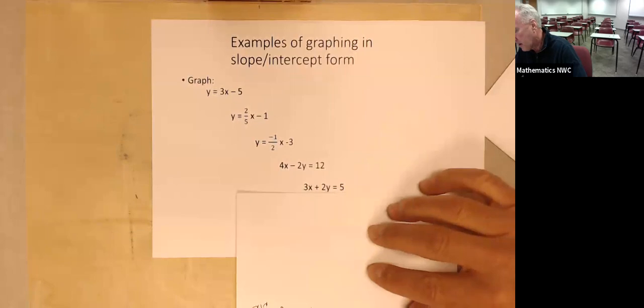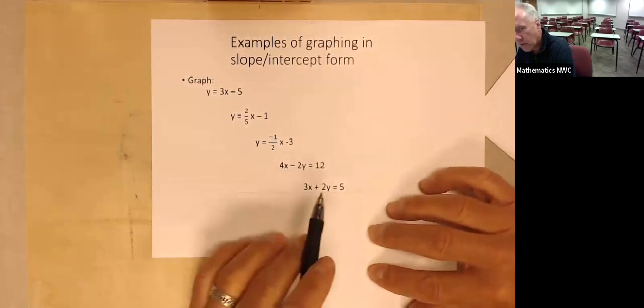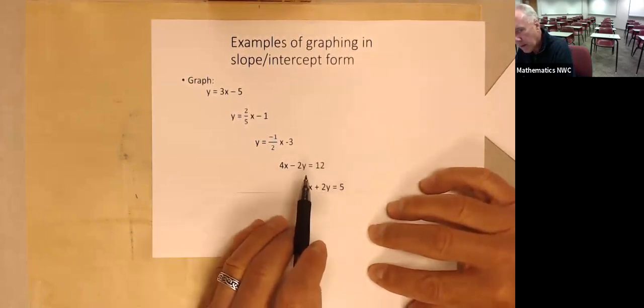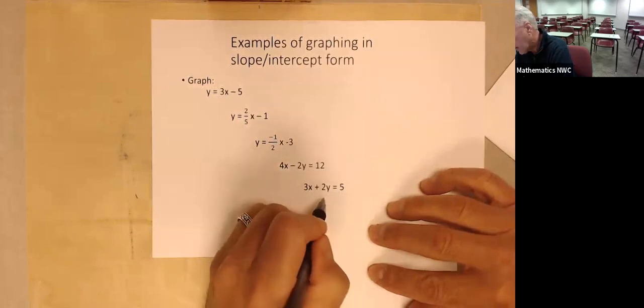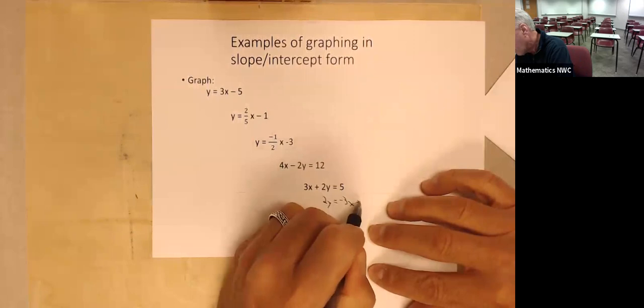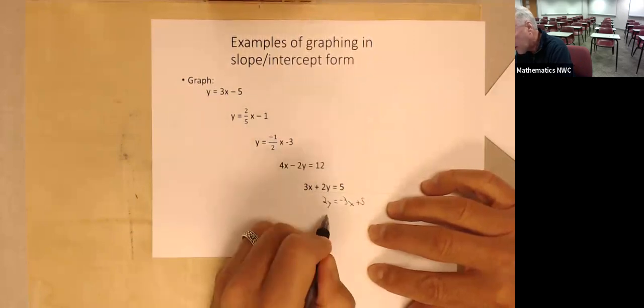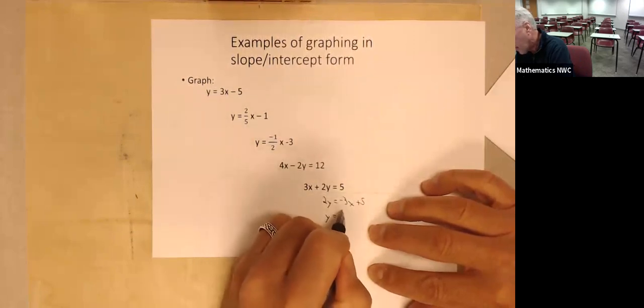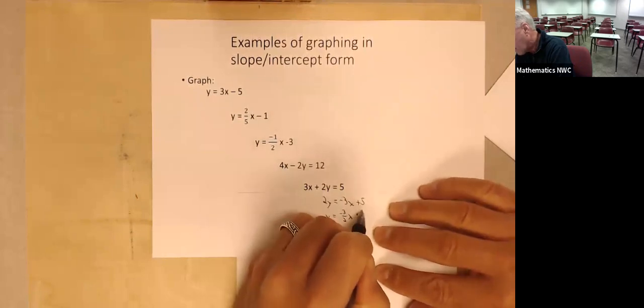Same concept here. I need to solve it for y. I'm going to bring the 3x over. It would be a negative. I would divide by 2. I would have a -3 divided by 2, and I would have 5 divided by 2.